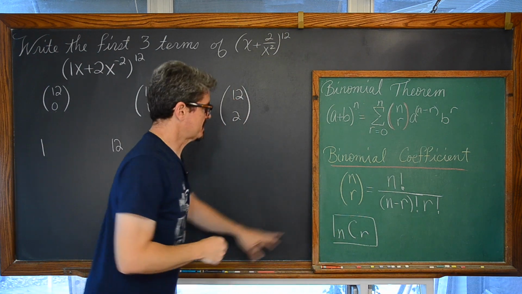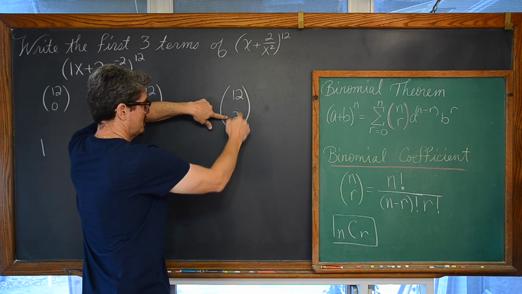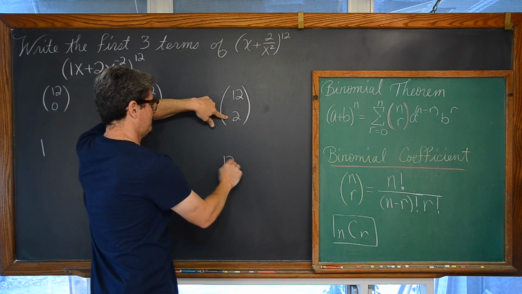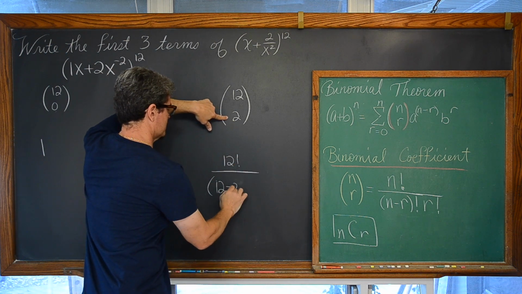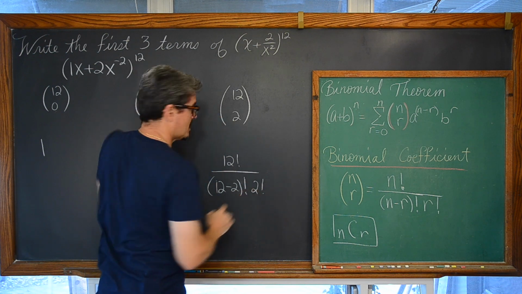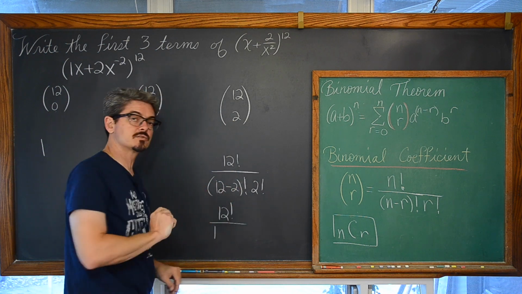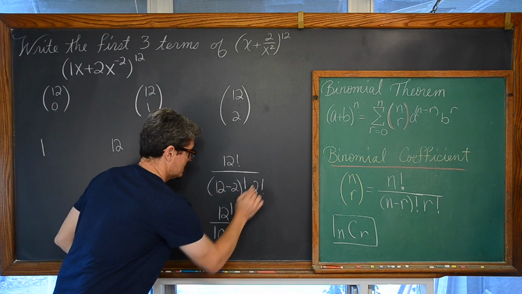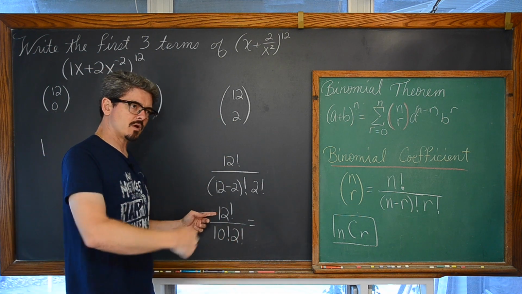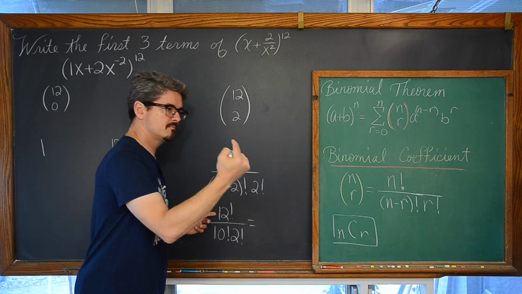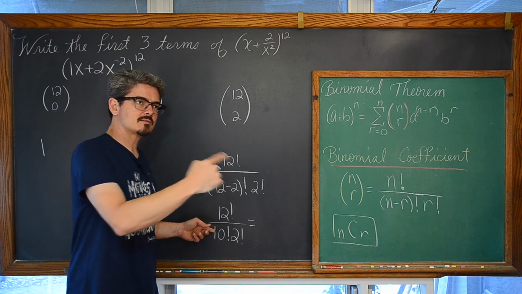But let's make sure we understand how to simplify with these factorials. Our 12 choose 2, that's going to be, our n is 12, r is 2, so we're looking at 12 factorial over 12 minus 2 factorial times 2 factorial. Well, that's 12 factorial over 10 factorial times 2 factorial. Remember, 12 factorial is 12 times 11 times 10 times 9, 8, 7, 6, 5, 4, 3, 2, 1. And 10 factorial is 10, 9, 8, 7, 6, 5.